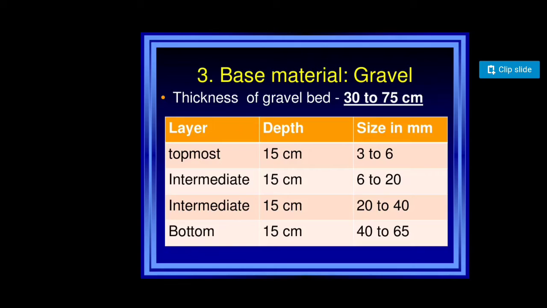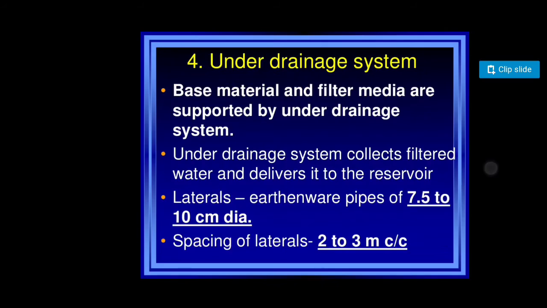So the only requirement of the gravel is to support the filter media, right. The gravels are also of different sizes, as you all know. The topmost layer will have gravel of a smaller size, and the sizes of gravel will keep on increasing as we go down to the bottom, right.